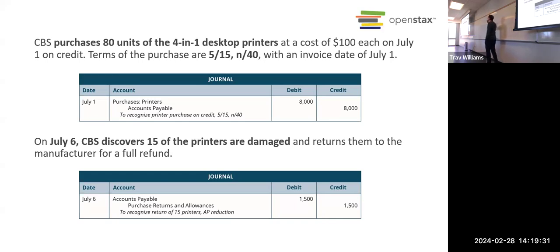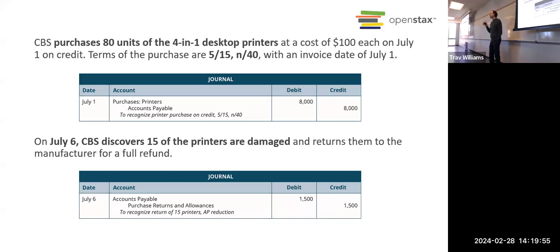The actual cost of your inventory that you return, you don't have to document because you didn't update your inventory in the first place. So I guess that's why we have to use purchases instead of merchandise inventory, because we're not updating our inventory.